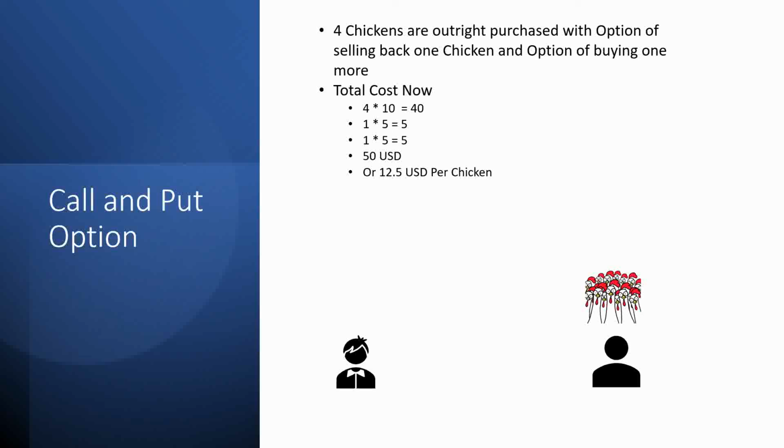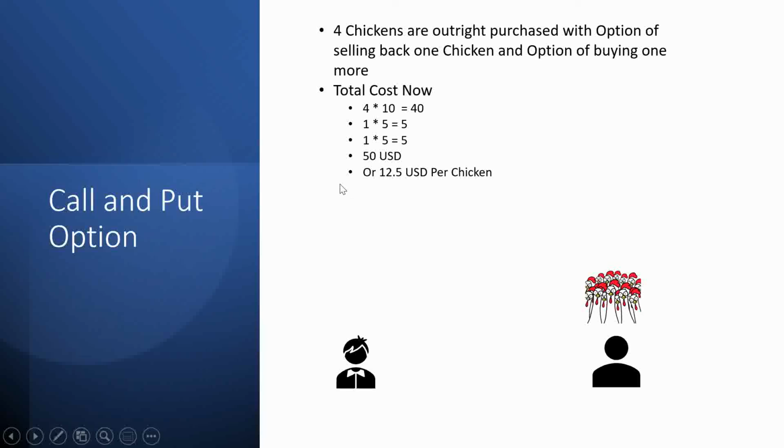So my current transactions have evened out, but all the money that I paid in the initial transactions is still valid. And what is that cost? That was four $10 chickens for $40, one call option for $5, one put option for $5, altogether $50 for 4 chickens, and that comes out to $12.5 per chicken.